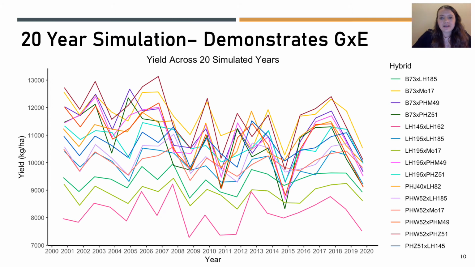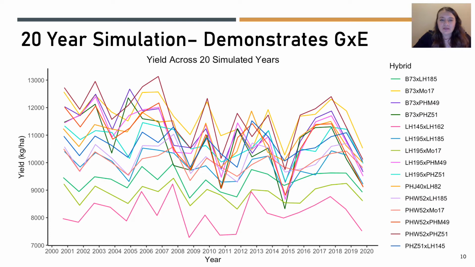We're also really interested in using the calibrations to simulate what yield would be like for these 15 hybrids across 20 different years in Ames, Iowa. So we ran a 20-year simulation using an Ames, Iowa environment and historical weather data. I think this is really interesting because, as shown, we simulate some distinct examples of G by E interactions, specifically crossovers, among the 15 hybrids, which is really exciting because simulating G by E is ultimately what we hope to be able to do.